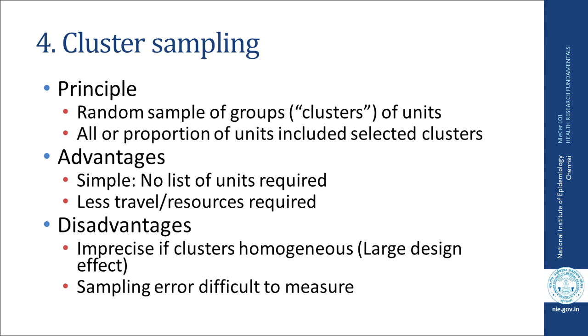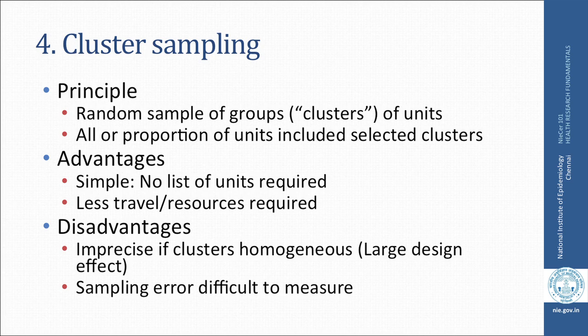Another important type of sampling, which is very popularly used in health surveys and research, is called cluster sampling. The principle of cluster sampling is that a random sample of groups or clusters of units is selected, and all or a proportion of units are included in the selected clusters.